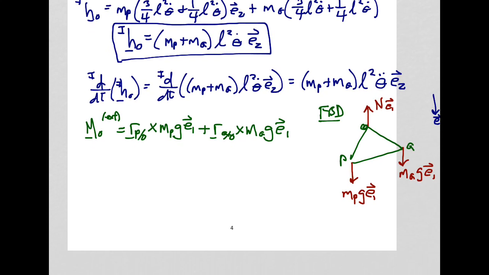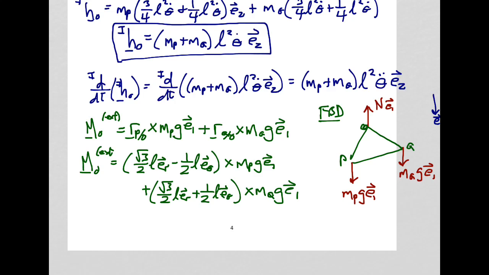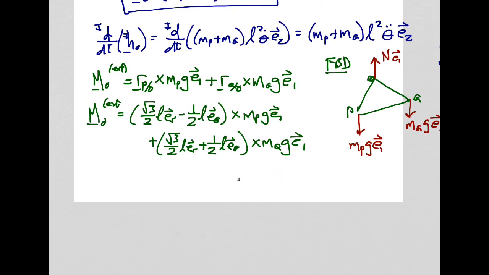Let's put in our position vectors and the cross products, and so we'll get R of P with respect to O crossed with that force on P, and R of Q with respect to O crossed with the force due to gravity on point Q.